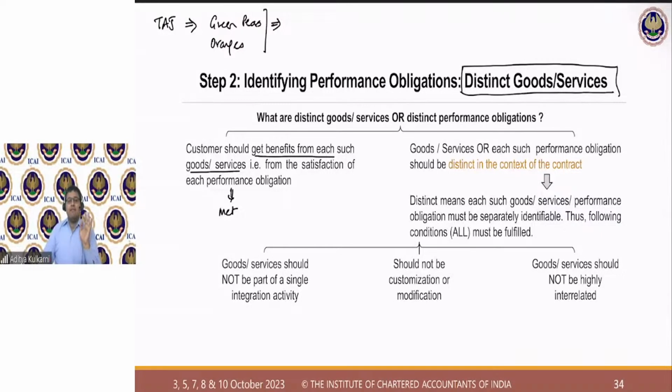Taj is getting benefit from that. Customer should get the benefits from each such goods or services, that is from the satisfaction of each performance obligation. I have a performance obligation to supply green peas. I have a performance obligation to supply oranges. Both of them are benefiting Taj.